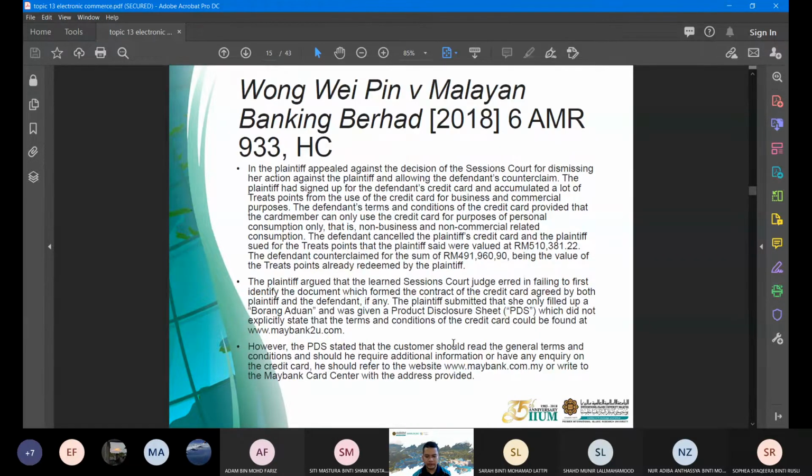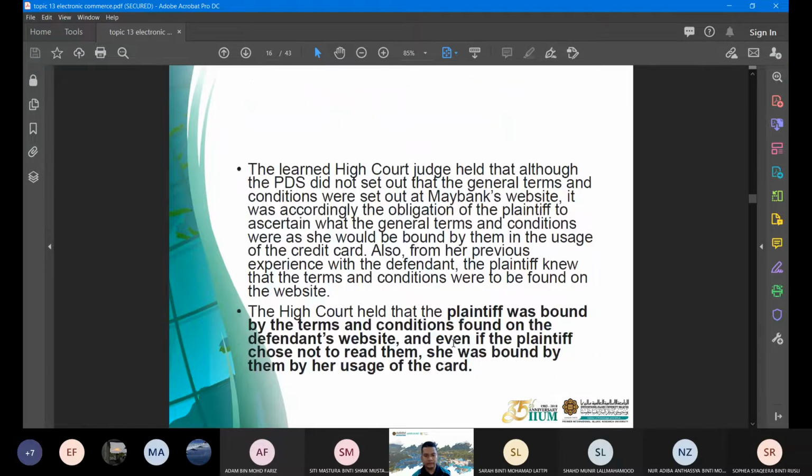The defendant is saying the full terms are provided on maybank.com.my, and the customer can also contact the card center to know more. But the plaintiff is arguing the product disclosure sheet did not tell her the full information about the terms and conditions.